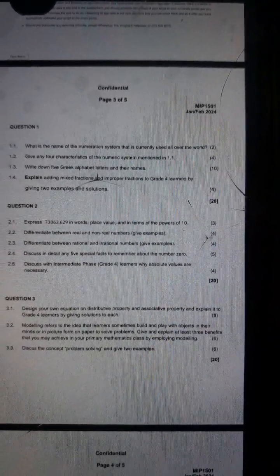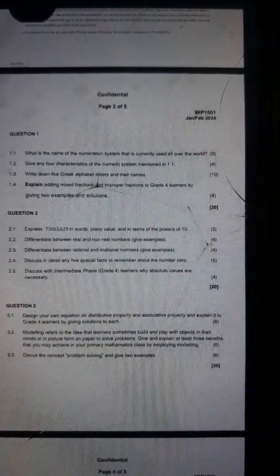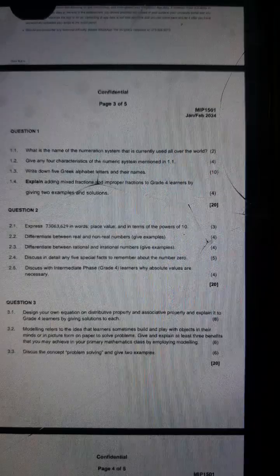The fourth one is that 0 can act as a placeholder, e.g., 102. It's a placeholder, right? We can see 0 there at 102. I hope you're writing that in your books, guys.